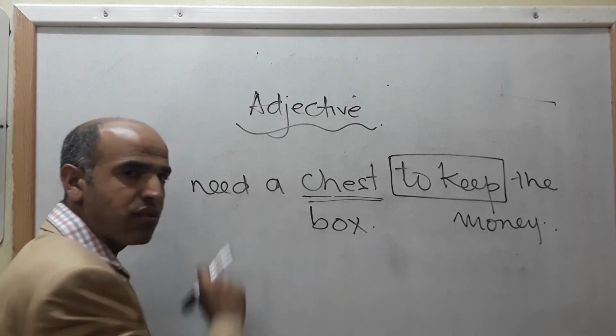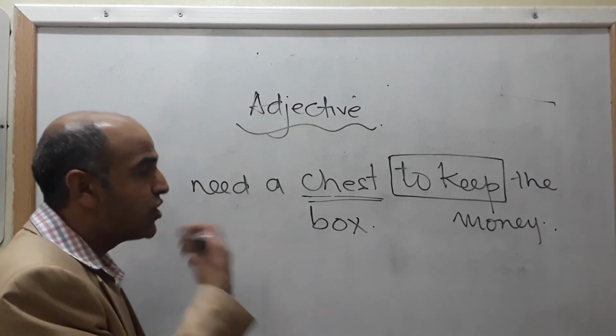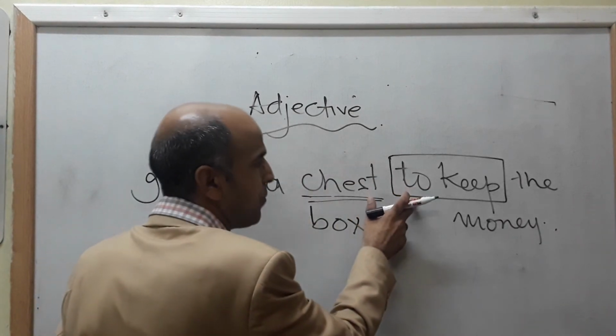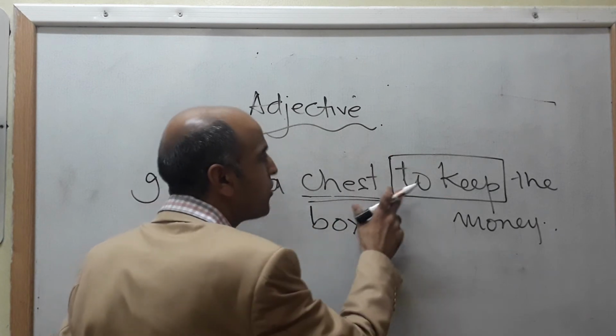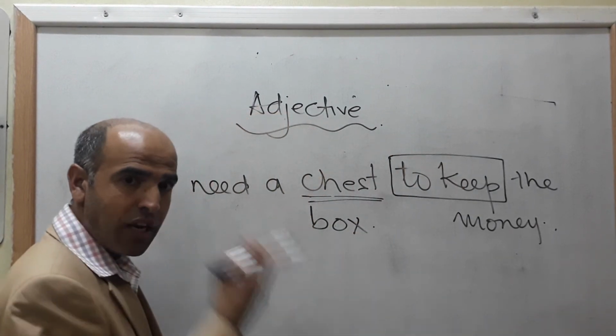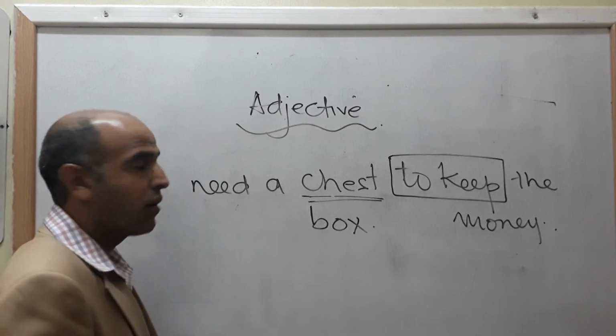I need a chest. Why? To keep the money or jewels, whatever you can call it. रखने के लिए मुझे बॉक्स चाहिए, चेस्ट चाहिए, संदूक, which we call in Urdu.